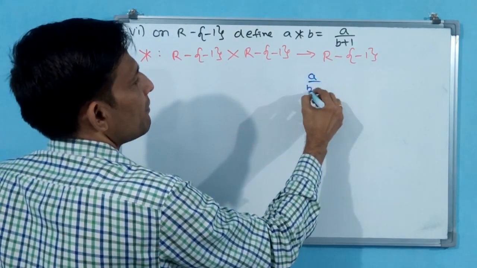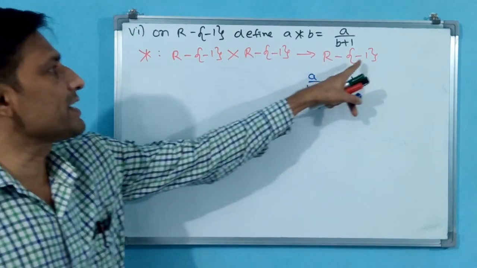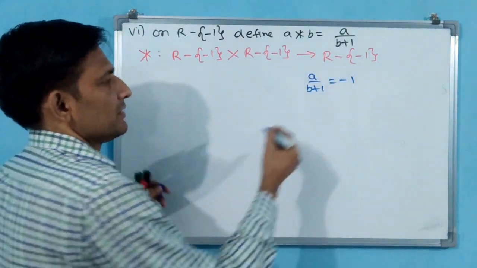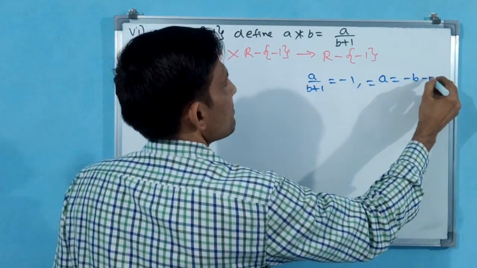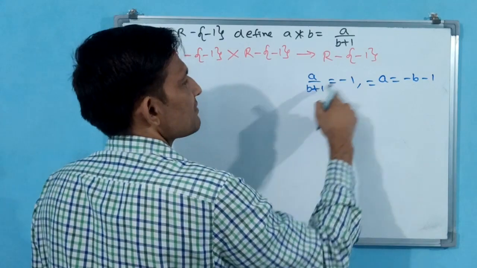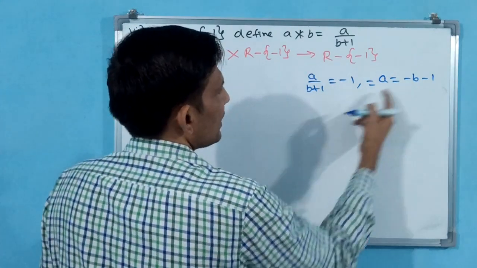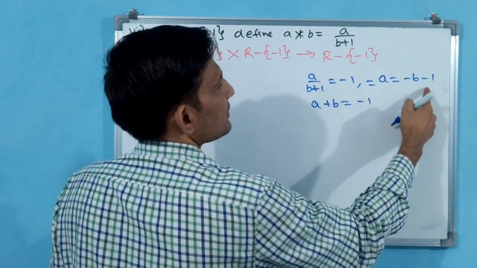You do it like this: A by B plus 1 is equal to minus 1 I have taken. Why? Because if this comes, it means here it has to come. If it comes here, then this is not a binary operation. That gives A is equal to minus B minus 1, so A plus B is equal to minus 1.